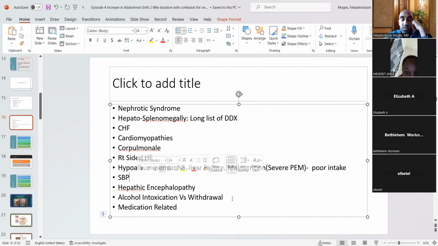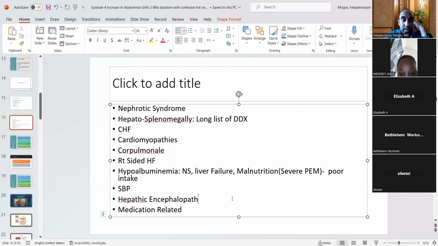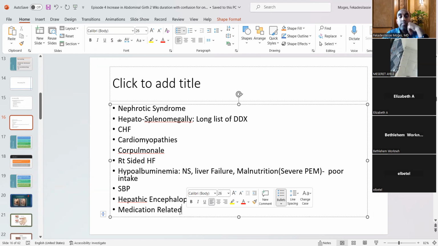Alcoholic intoxication versus withdrawal, remove them because based on history, we kick them out. Medication related. The patient doesn't have any history of recent medications. He takes only metformin and amlodipine. Medication related amlodipine, shall I kick it out or keep it?